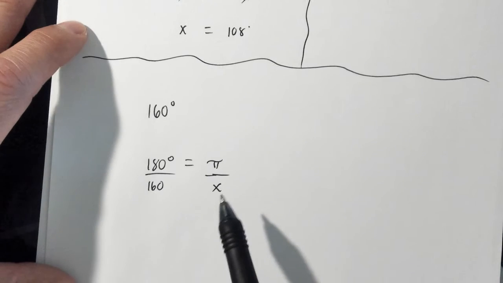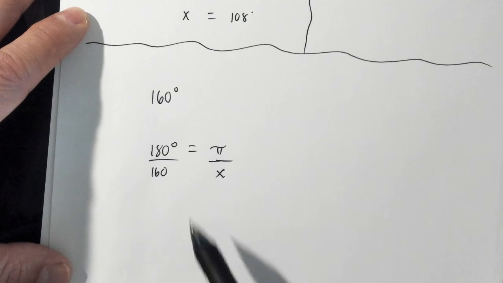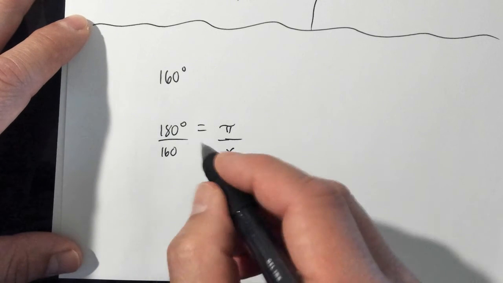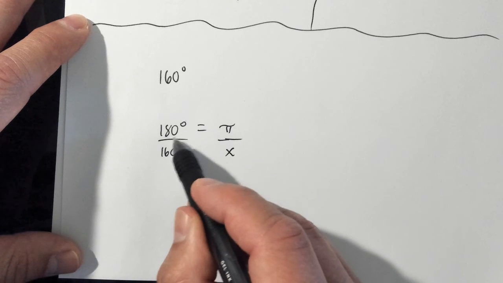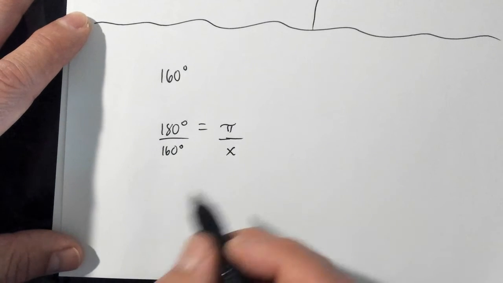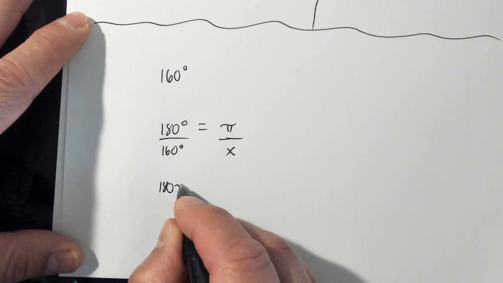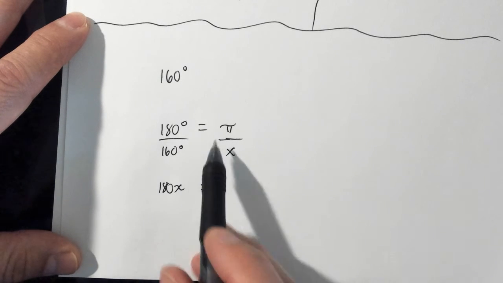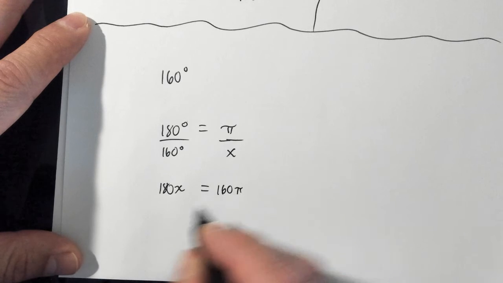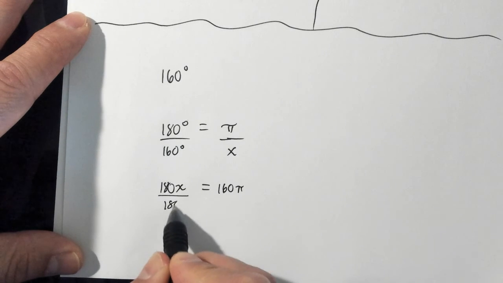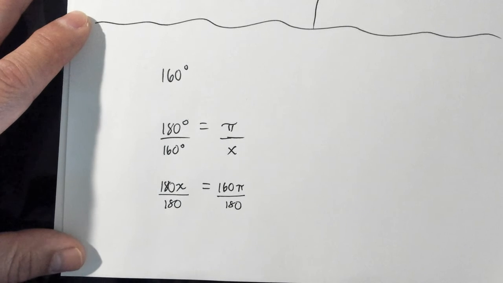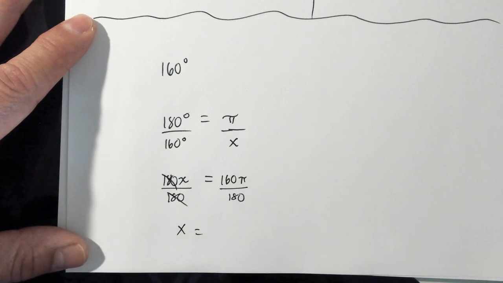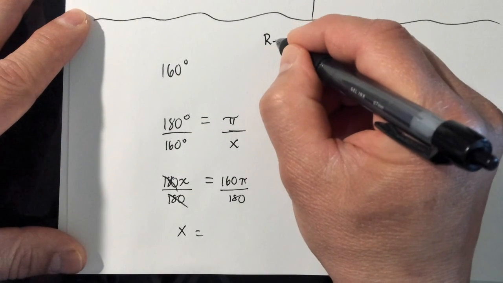You get 180, and I'm going to cancel those degrees. 180x equals, look at that equal sign straight down, that's called algebra, 160 times pi. And then you divide both sides by 180, like so. Cancel, cancel. This is the correct answer, but reduce.